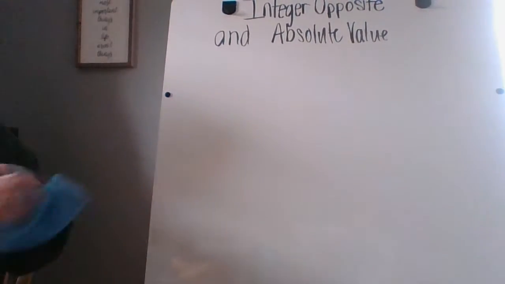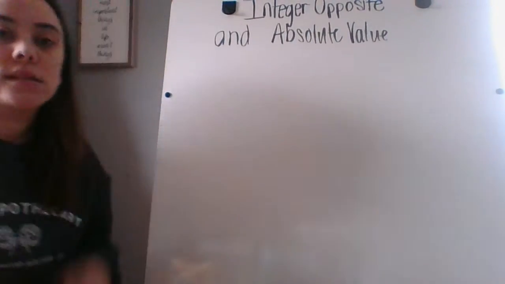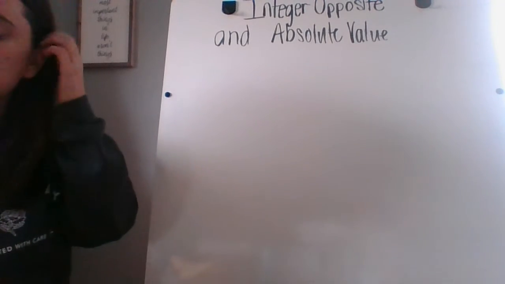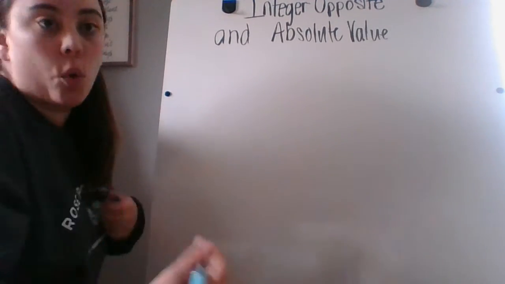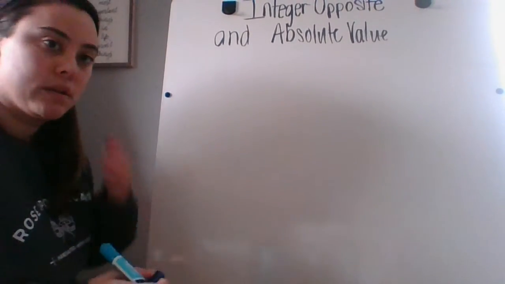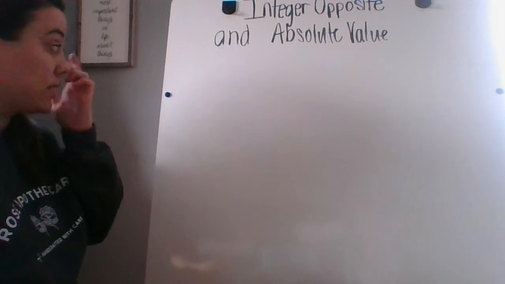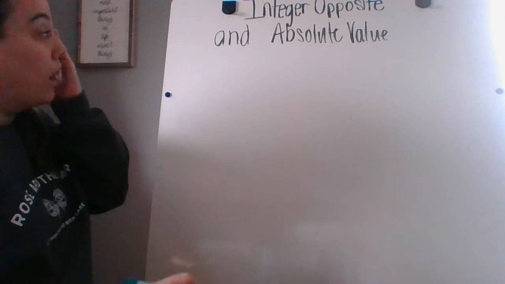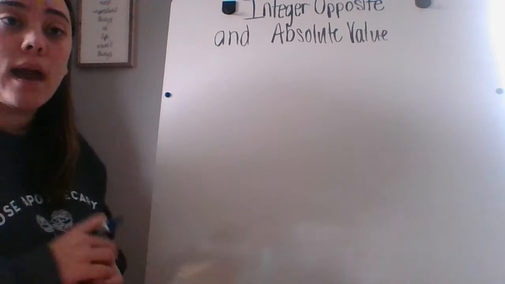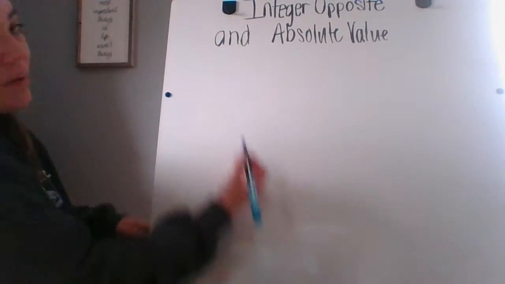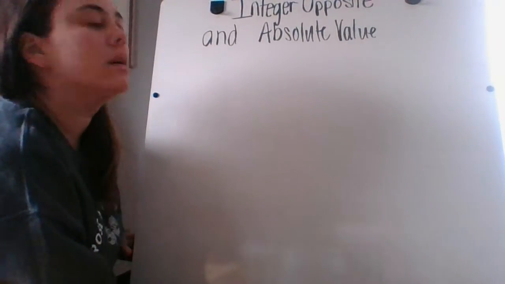So on Edulastic, you're going to see ordering negative numbers, positive numbers. You're going to see maybe adding absolute values. So let's start with adding absolute values.